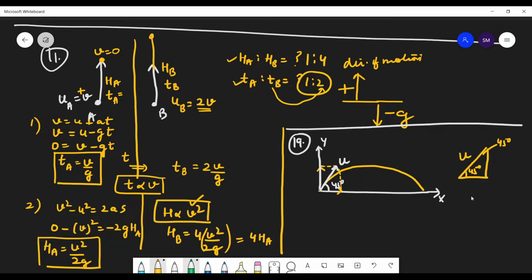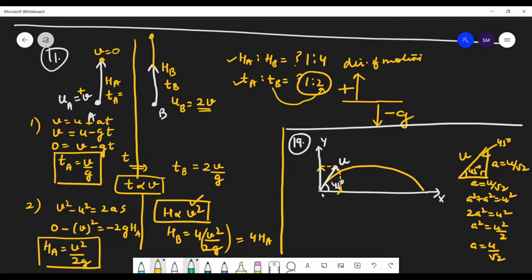Or you can assume it a, it's your choice. Both the lengths will be equal because this is 45, this is 90, so this is an isosceles triangle. So what will be this a? So a square plus a square is equal to u square. 2a square is equal to u square. A square is equal to u square by 2 and a is equal to u by root 2. It means this is u by root 2 and this is also u by root 2.